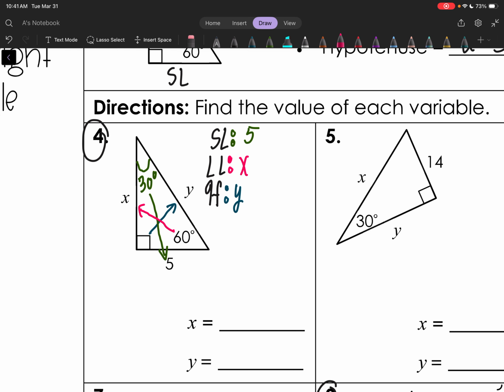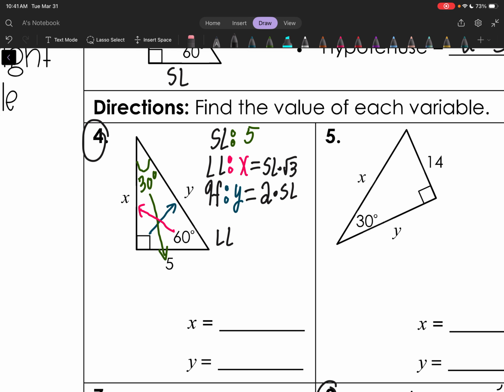Now, remember the formulas. Long leg is equal to short leg times the square root of 3. My hypotenuse is 2 times the short leg.